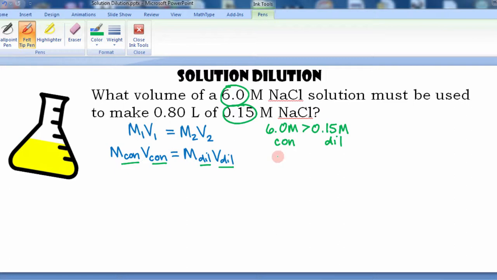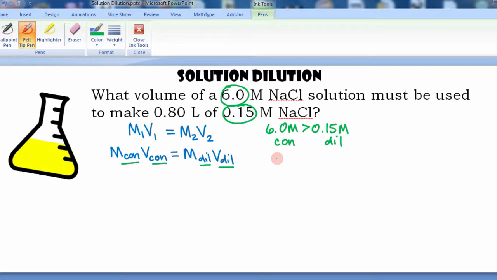Now, the next thing we want to do is we want to see which volume goes with what. So the question asks what volume of a 6 molar solution must be used to make a 0.8 liter of 0.15 molar.